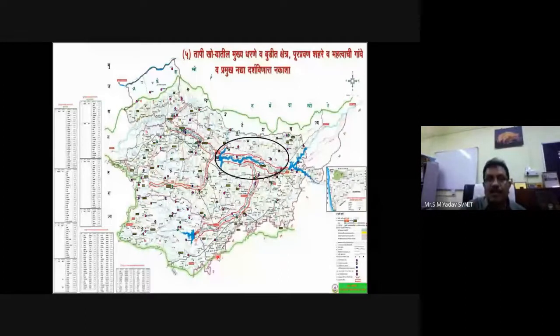Therefore, the government has proposed to construct a dam downstream of the Hatnur Dam, where Girna River meets Tapi, that is called Nimna Tapi, and the name of the proposed dam is Padalse Dam. And this Padalse Dam is now under construction.